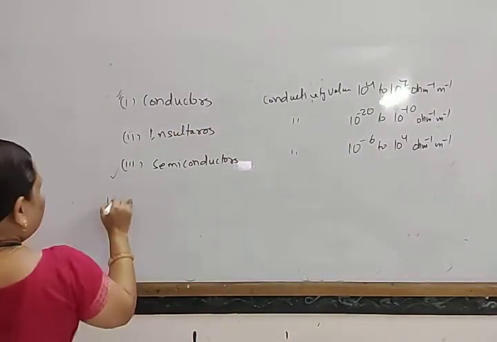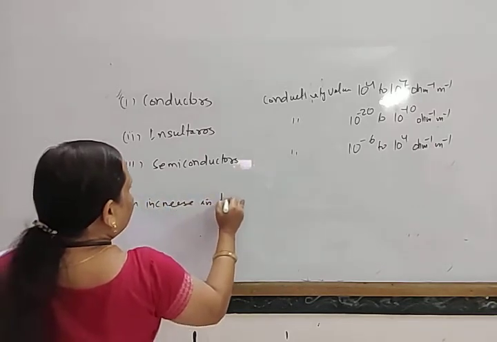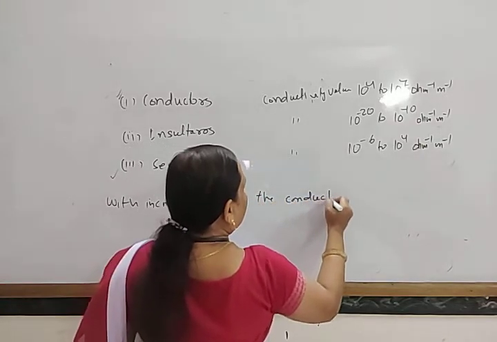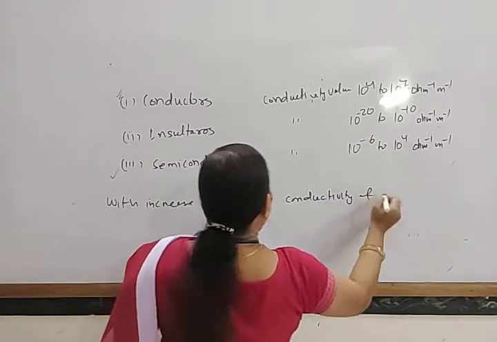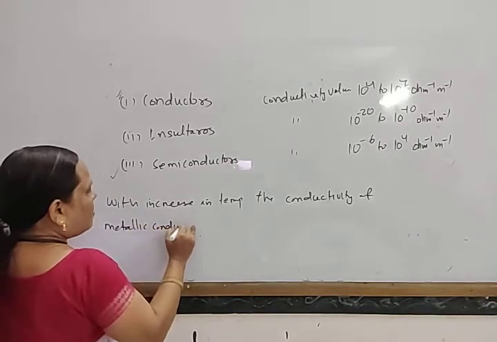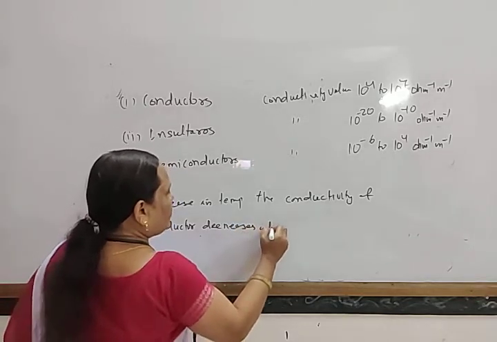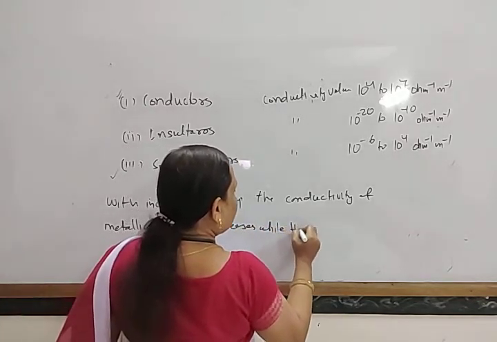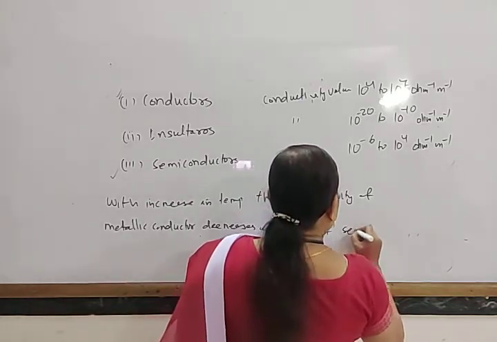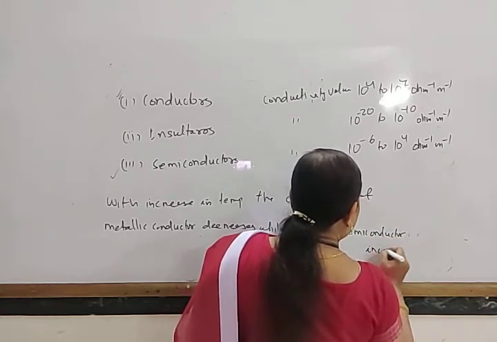So with increase in temperature, the conductivity of a metallic conductor decreases, while that of a semiconductor increases.